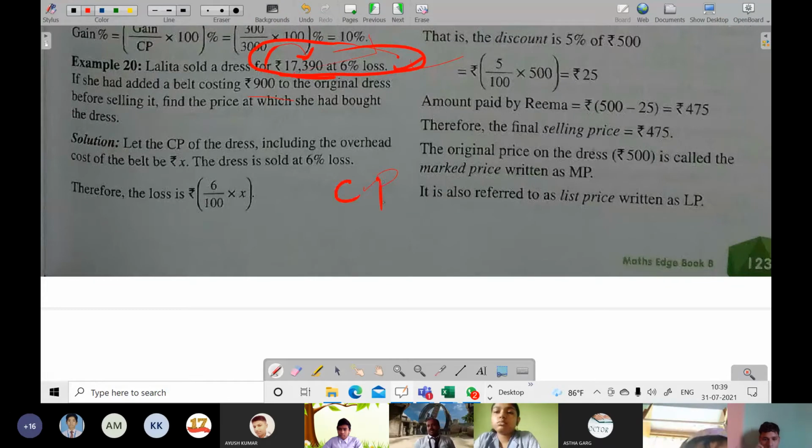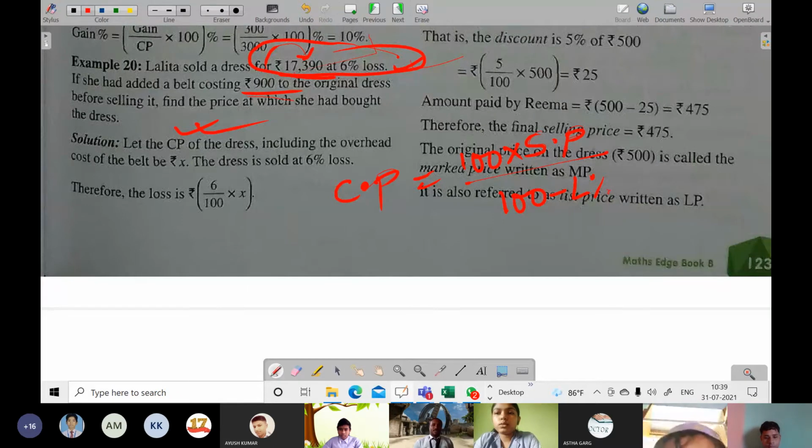With loss there is a formula. CP is equal to 100 into SP by 100 minus loss percent. This is the formula. So you will find CP, and now from that CP you will subtract 900, and then you will get the cost price of the dress.